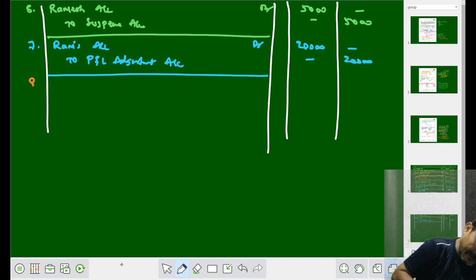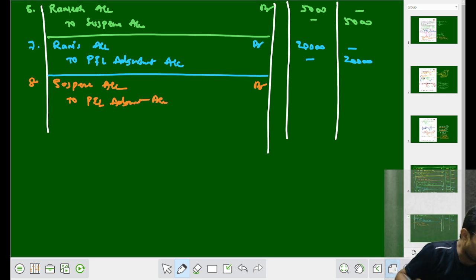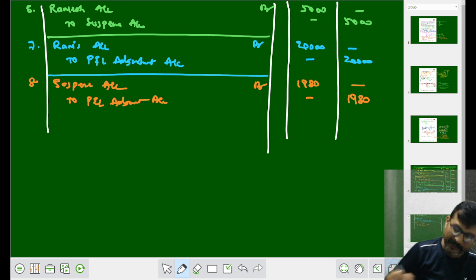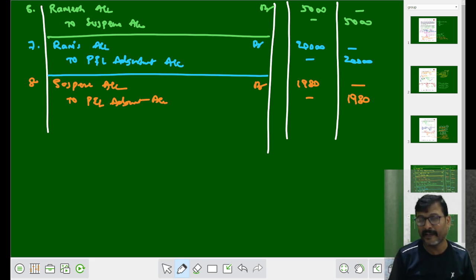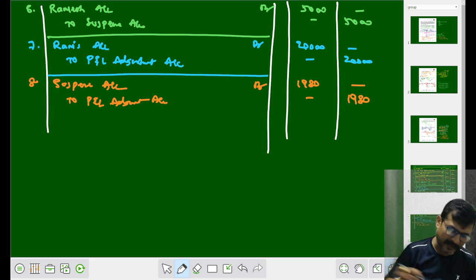So now your entry will be suspense account debit to P&L adjustment account. How much is it? 1,980, being over debit in purchase account is rectified.